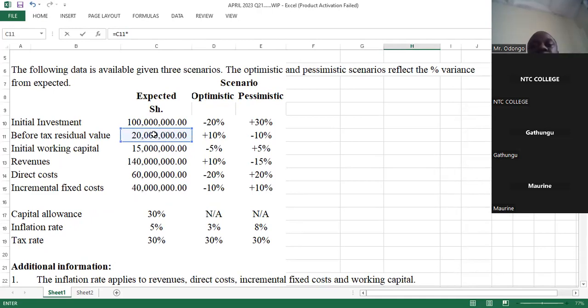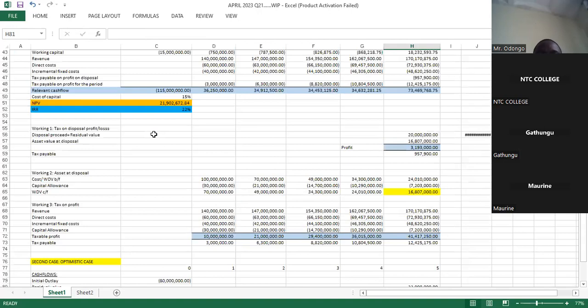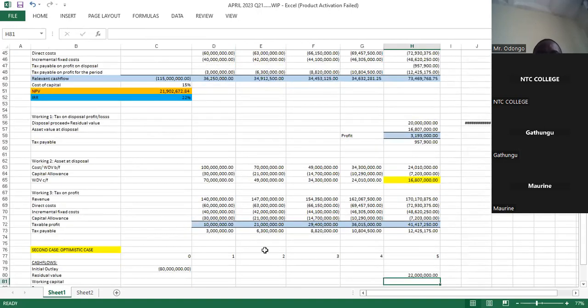Plus 10% means you increase. So I multiply by 110%. Being a cash flow that we shall receive, that one we let remain positive. So that will be positive 22 million. All right.